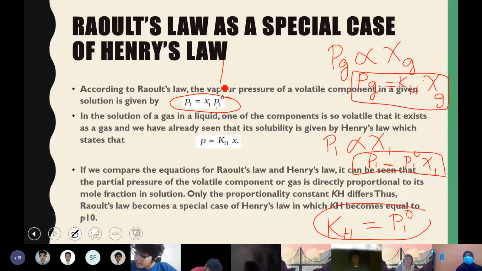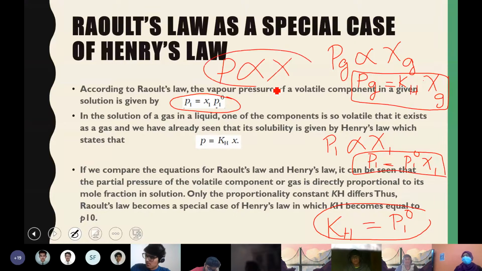Basically, partial pressure of a gas, or partial vapor pressure of vapors in the liquid solution, is directly proportional to its mole fraction. This is the essence of both equations. In both laws, they say that pressure is directly proportional to its mole fraction. Pressure of a gas dissolved in a liquid, that is Henry's law.